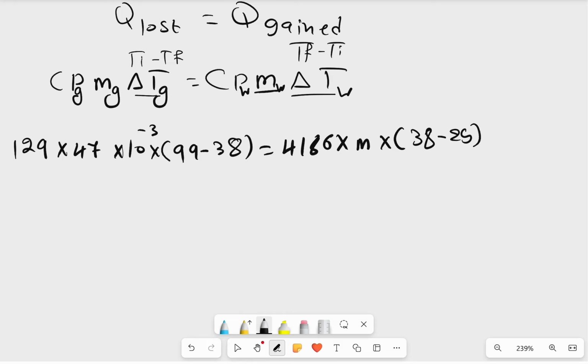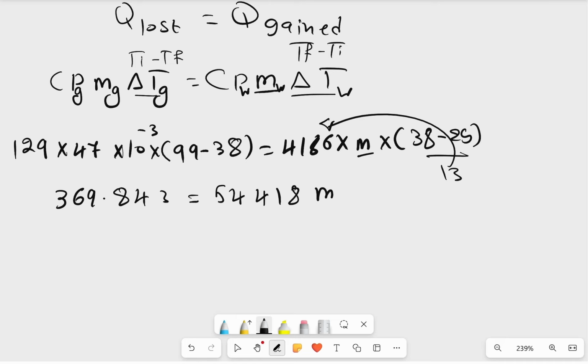Now multiply the numbers. You get 369.843 from this side. For the other side, you get 54,418 m. Don't forget the m. This is basically 13 multiplied by this one, and you get this one.